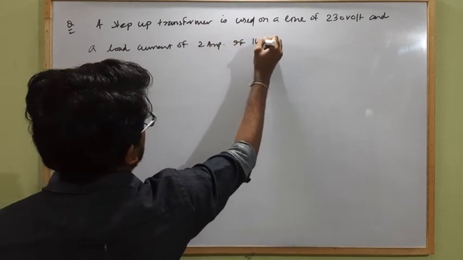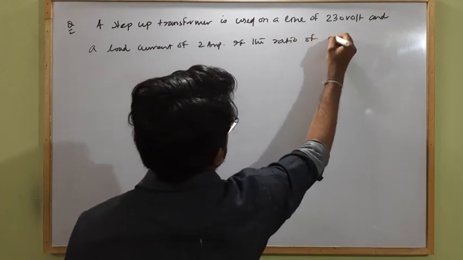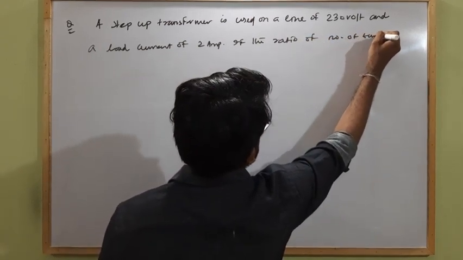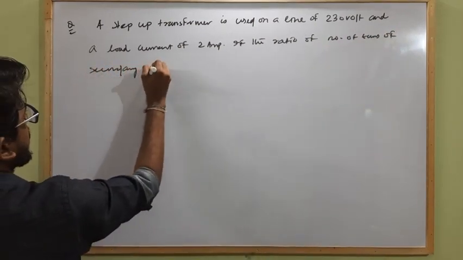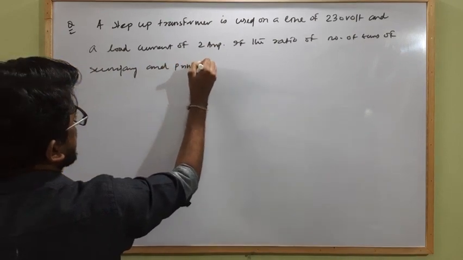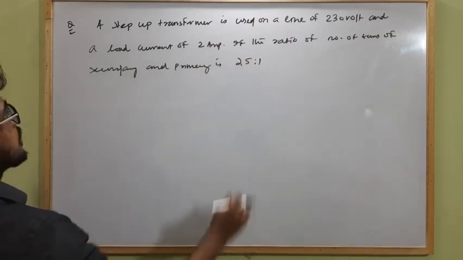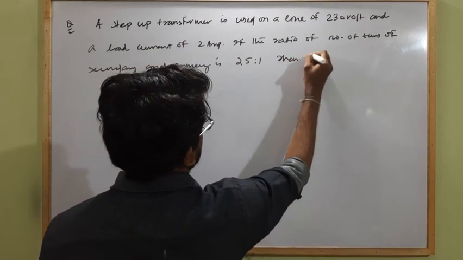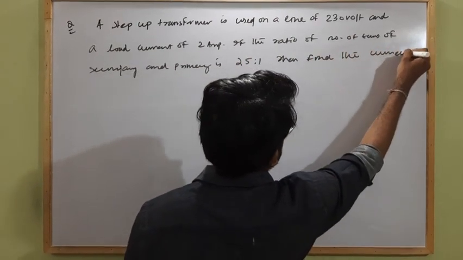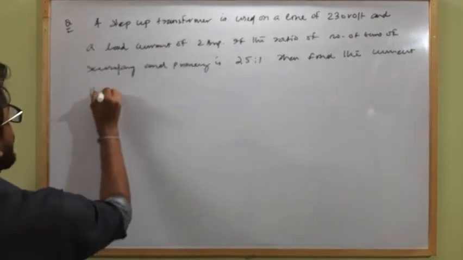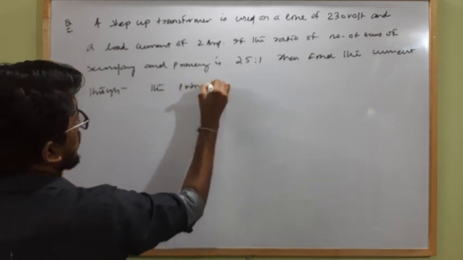If the ratio of number of turns of secondary and primary is 25:1, then find the current through the primary.